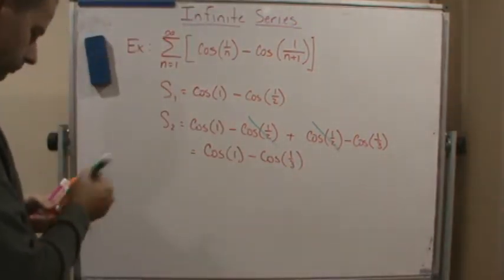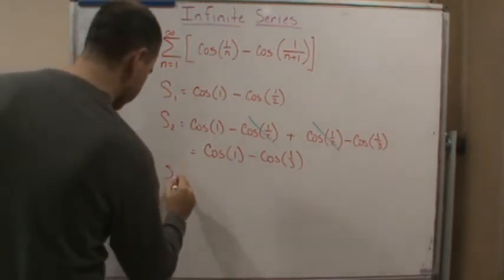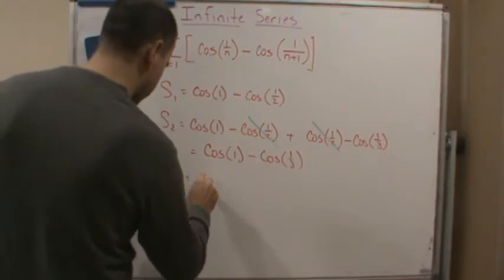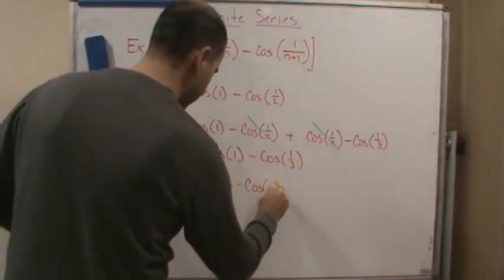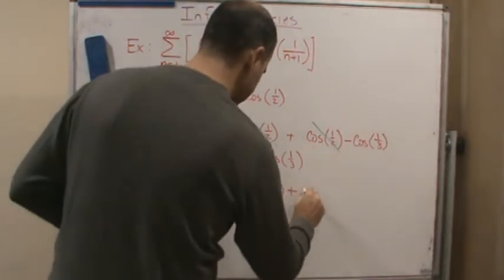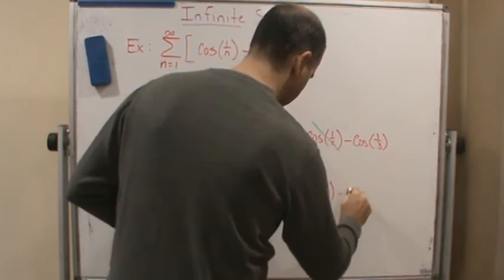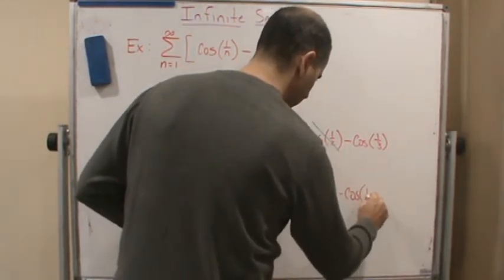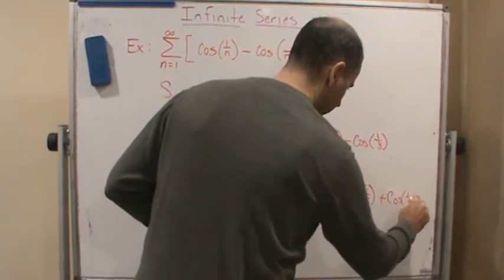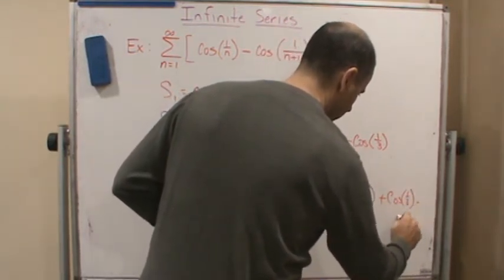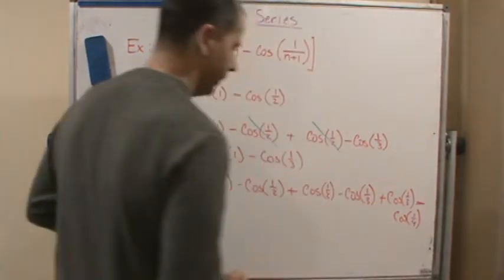Now, what about S3? Well, S3 is going to be cosine 1 minus the cosine of 1/2 plus cosine of 1/2 minus cosine of 1/3 plus cosine of 1/3 minus cosine of 1/4. Okay?